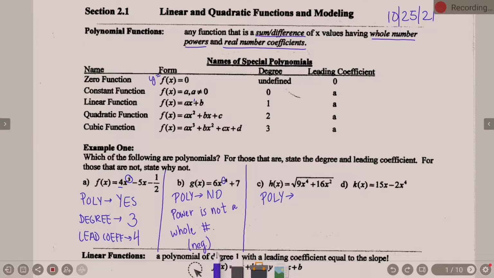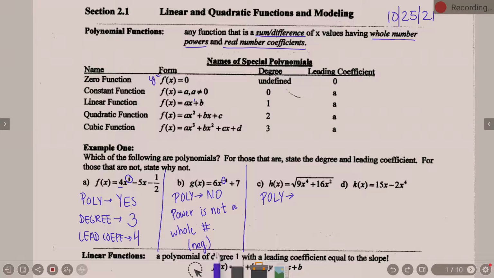I got a thumbs up. What about that square root there? Okay. So the attempted rationale here is that I can do the square root of 9x to the 4th, that's 3x squared, the square root of 16x squared, 4x. So then I have 3x squared plus 4x.